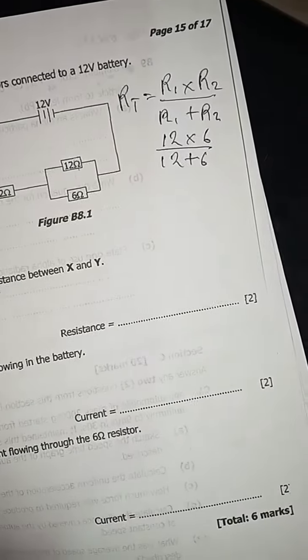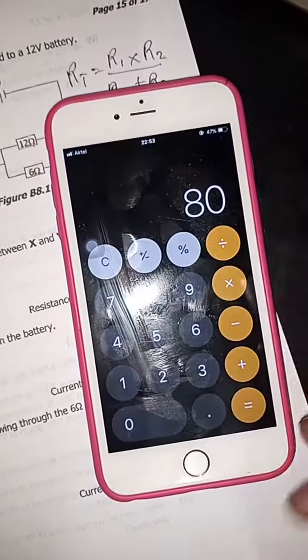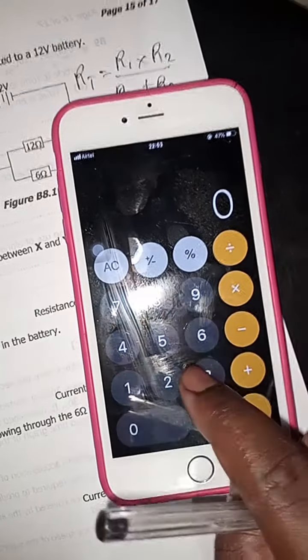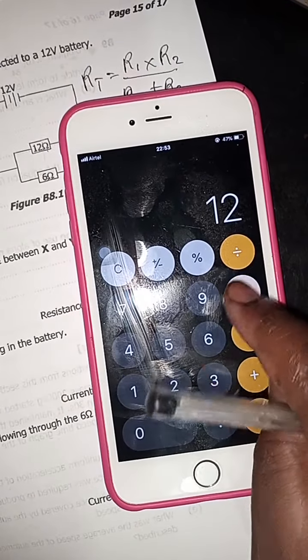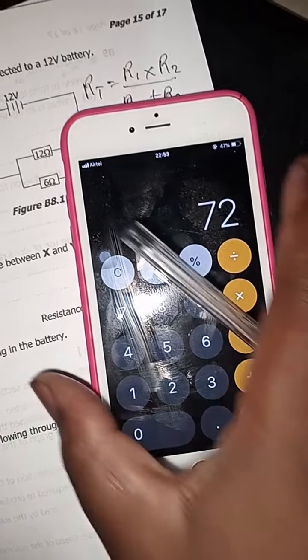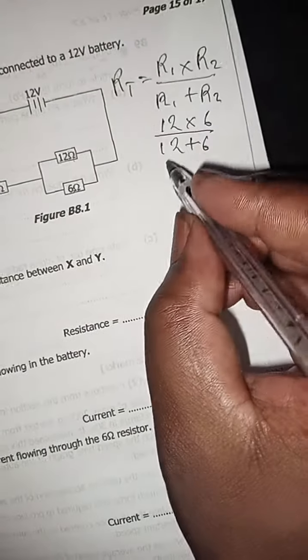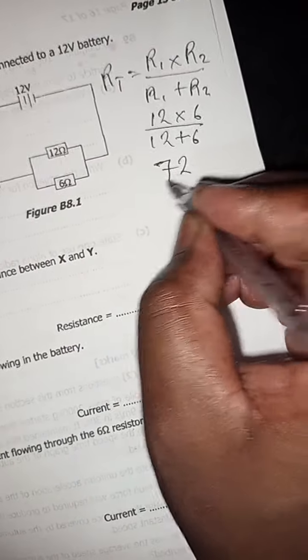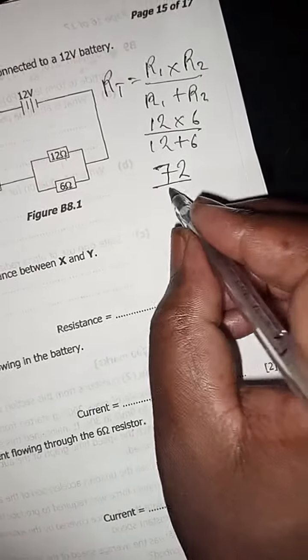So what is 12 times 6? 12 times 6, 72. Then 12 plus 6, that's 18.